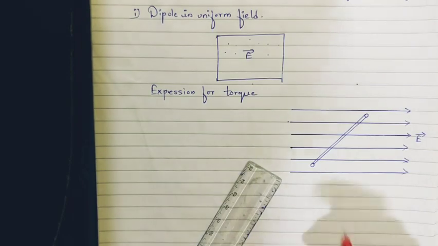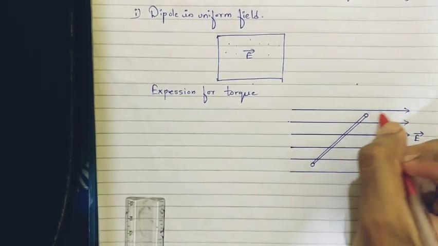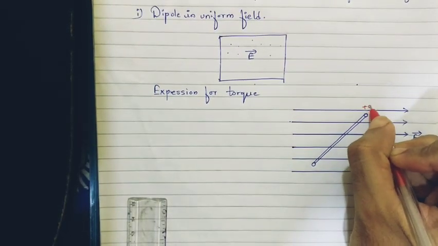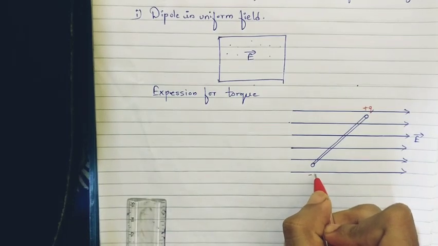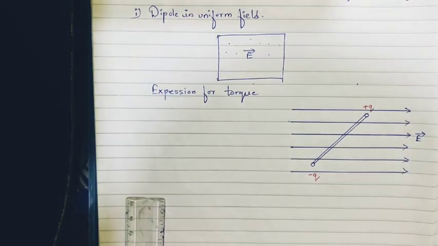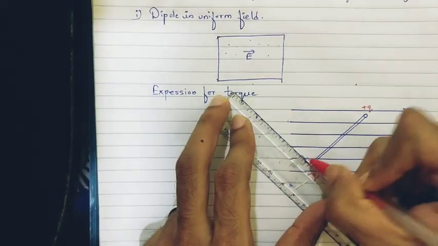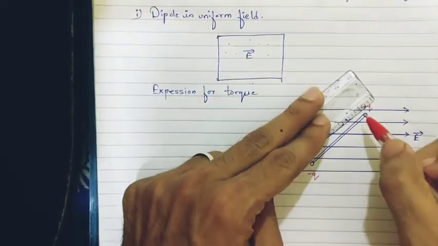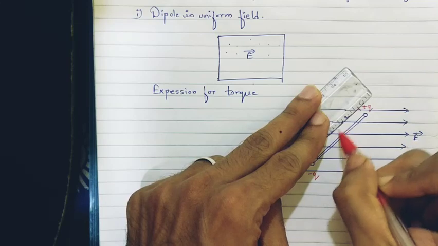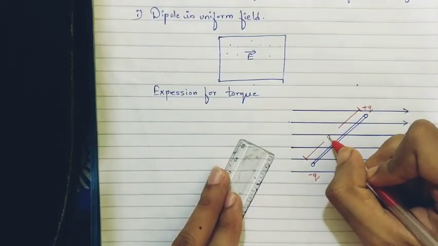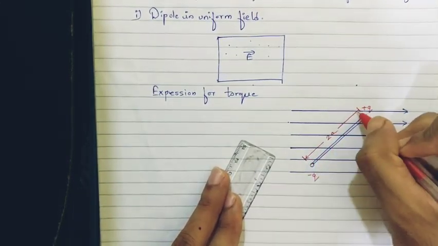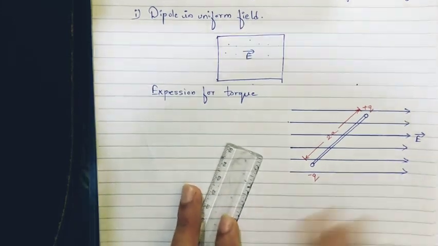Yes, this is my electric dipole. Let's write this as plus q charge and this as minus q charge, and they are separated by a distance of 2a. Let me mark the distance 2a in between them. You have to be very clear with your figures.